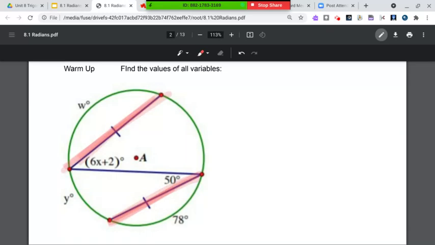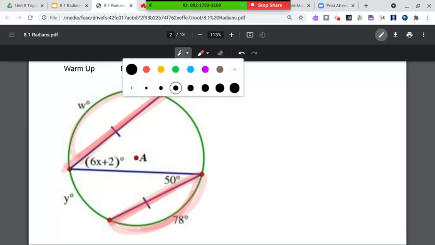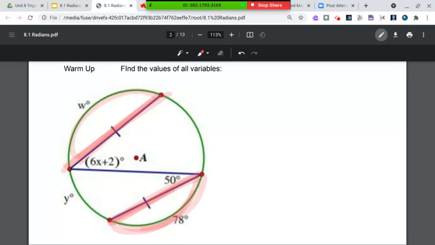And if you remember from our unit, because the chords are congruent, the arcs are also congruent. So what that means is W equals 78 degrees. Congruent chords have congruent arcs.